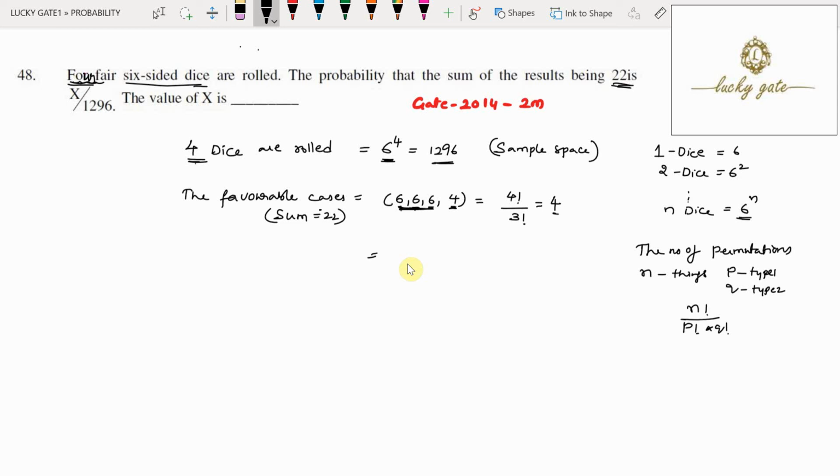And what is the other possibility for the sum to be 22? 6, 6 and 5, 5. The total sum is 22.